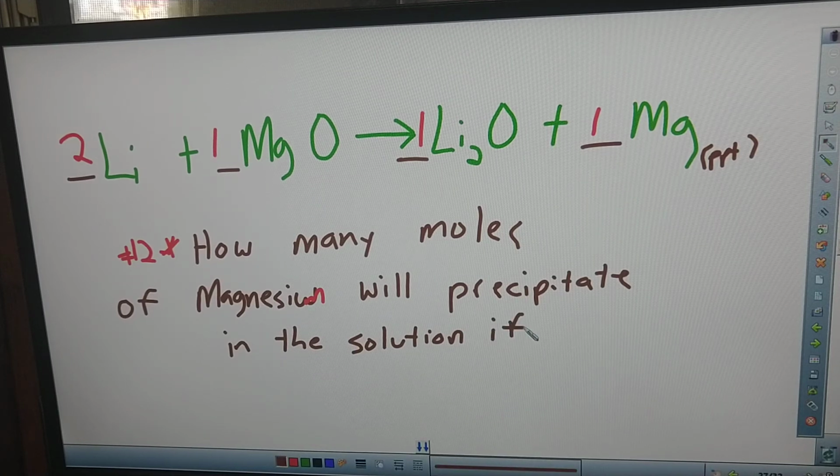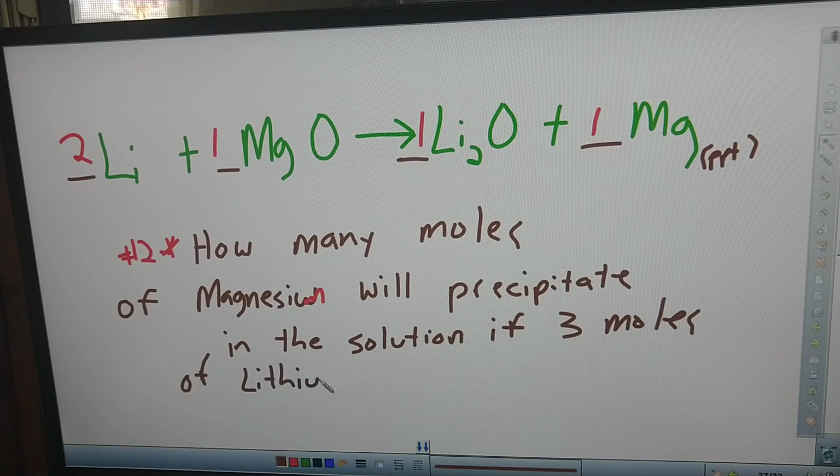If 3 moles of lithium are used. There we go. So number 2, how many moles of magnesium will precipitate in the solution if 3 moles of lithium are used?